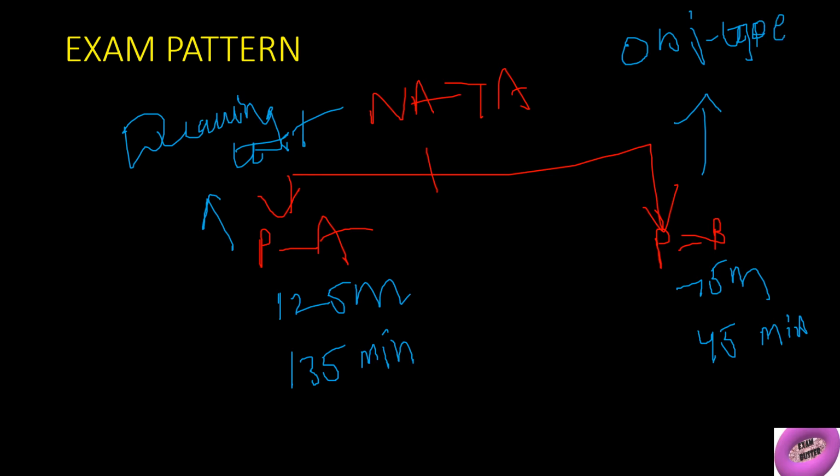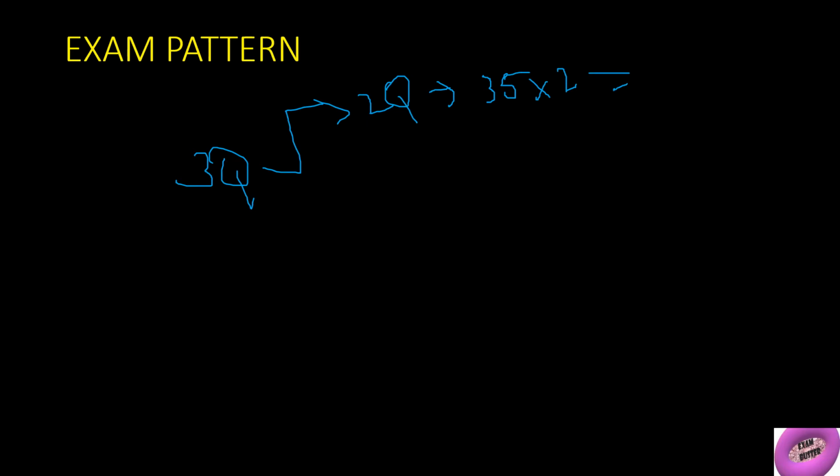Here we have more classification in Part A and Part B. Coming to Part A, they will ask you 3 questions, in which 2 questions are asked for 35 marks each, that is 35 into 2 is equal to 70 marks.